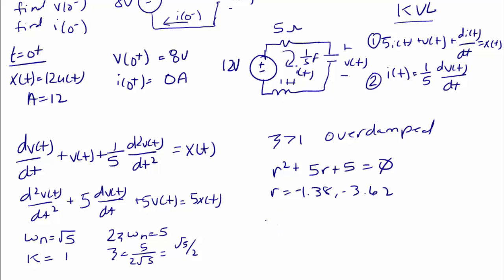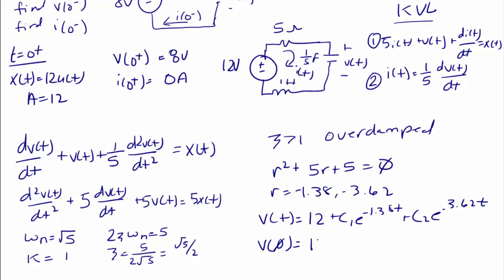And the form of the overdamped response is v of t is equal to Ka, which is 12, plus C1 e to the negative 1.38t plus C2 e to the negative 3.62t. And recall that the way that we find C1 and C2 is by using the initial conditions. So the first condition is V of 0.